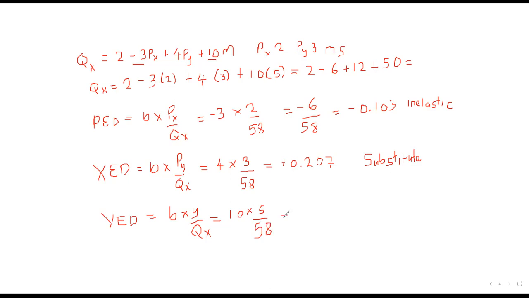So this will give us 50 over 58. What are you getting? 0.86. So what's our comment? It's a normal good. Excellent.